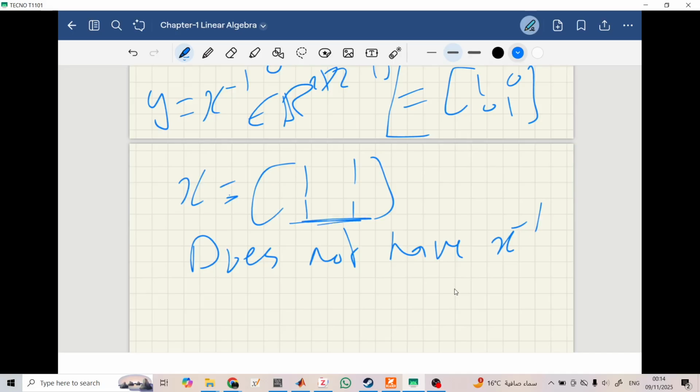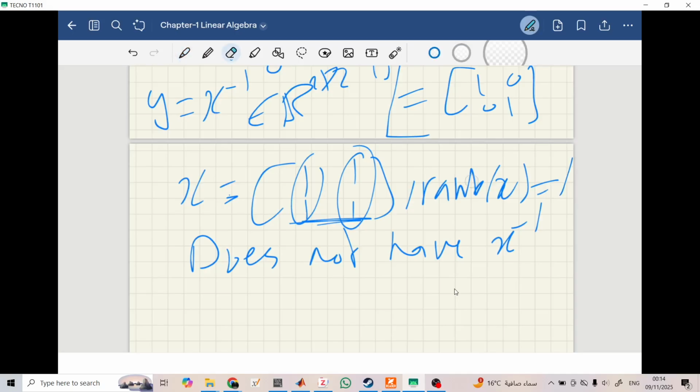Because it's rank deficient, meaning that the same column is repeated, so the rank of x equals 1. Just to write it in a neat way: rank of x equals 1, which is less than the dimension of x, which is 2, meaning that it's rank deficient, meaning that you cannot find an inverse for it, right?